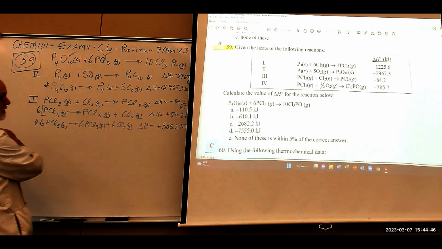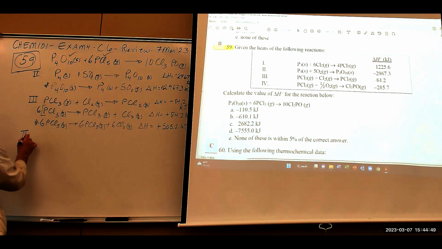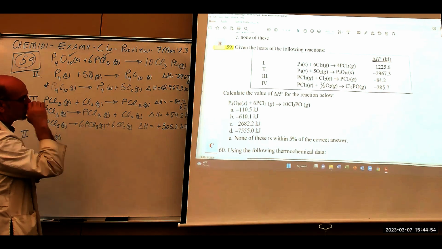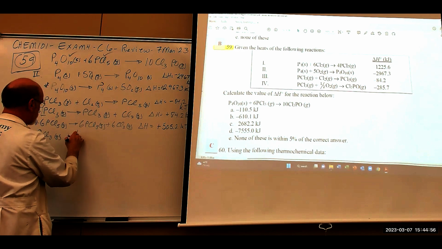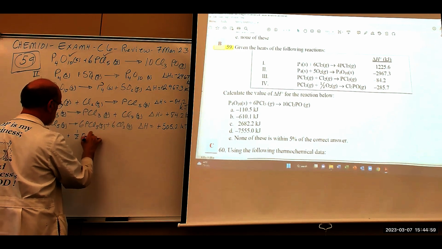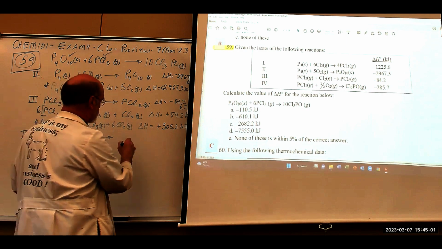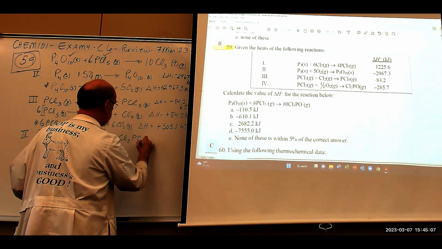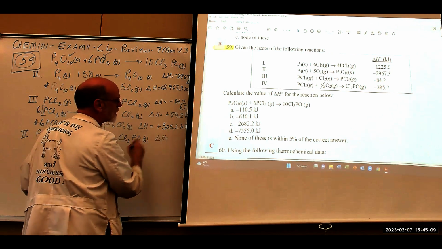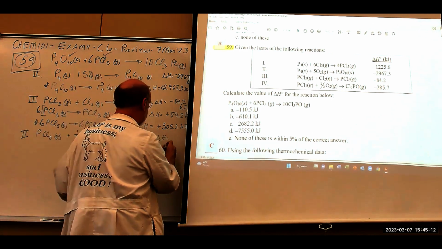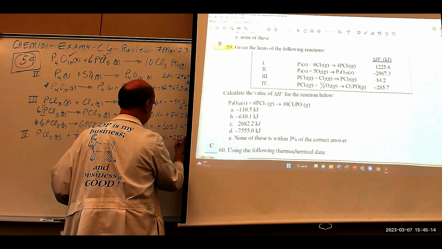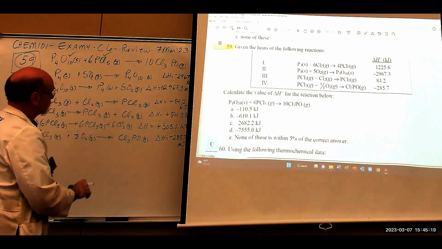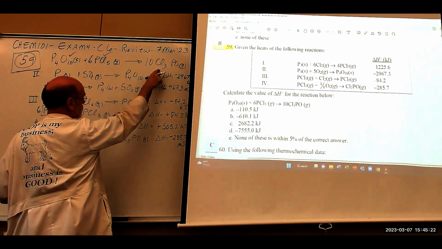So let's write that Roman numeral 4 equation, which is PCl3 plus 1/2 O2 yields Cl3PO gas. The delta H for this one is negative 285.7 kilojoules. There. Okay, we need 10 of those.